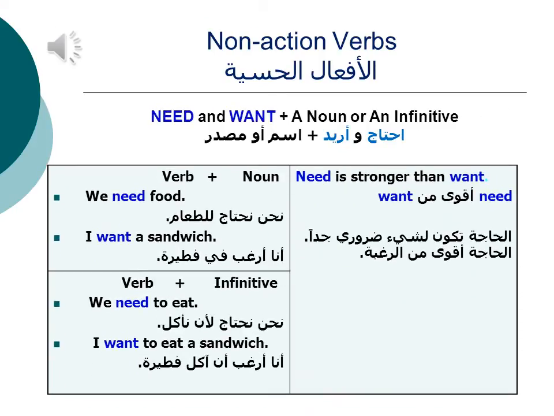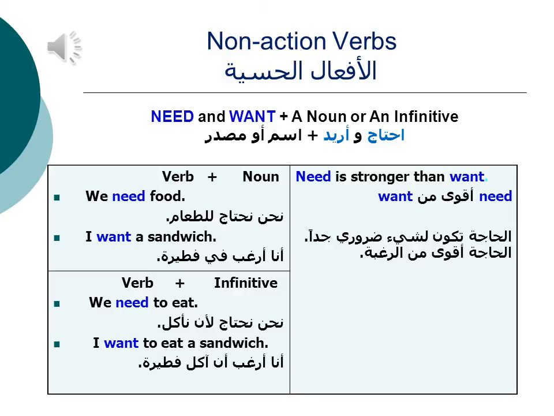In this slide, we shall look at two non-action verbs, need and want, and how we use them plus a noun or plus an infinitive. Let's look at the first example. We need food. Now here the verb need is followed by a noun, which is food.